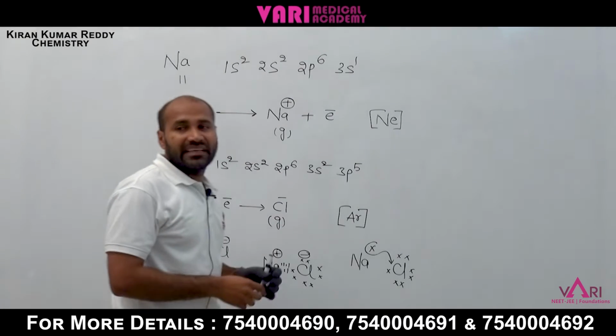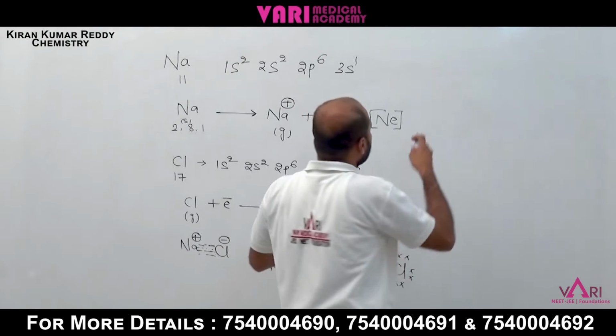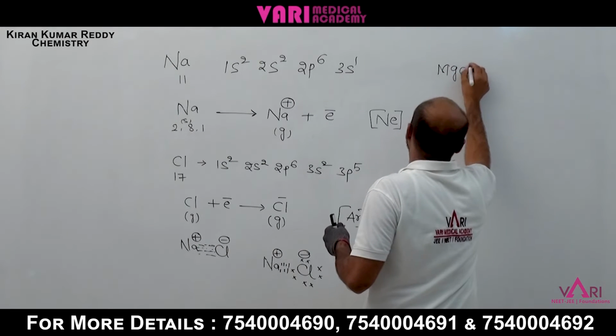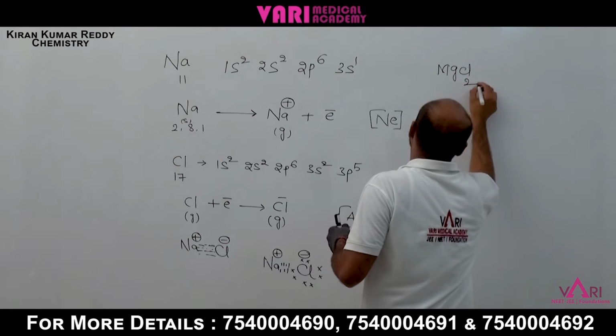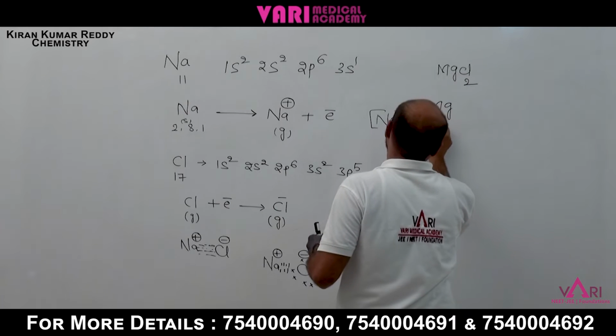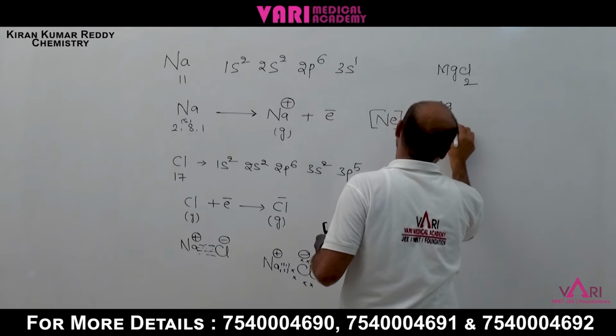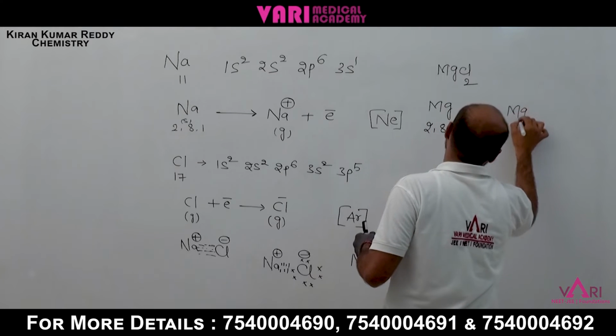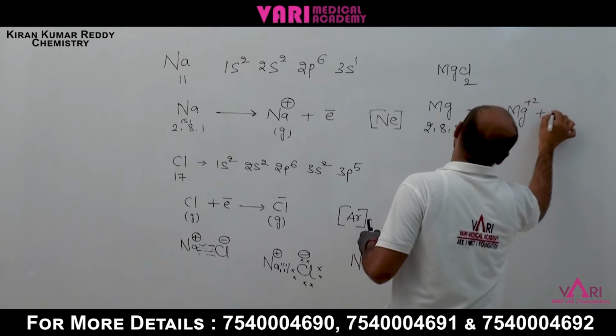If you take magnesium chloride, MgCl2, this is also an example. I am taking magnesium. What is the electronic configuration? 2, 8, 2. Here it is losing 2 electrons, giving magnesium plus 2.